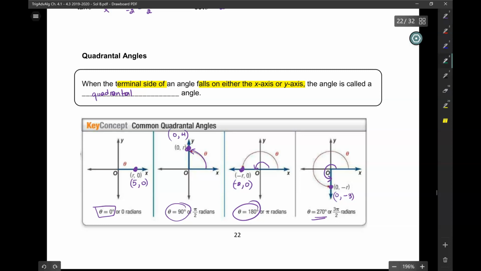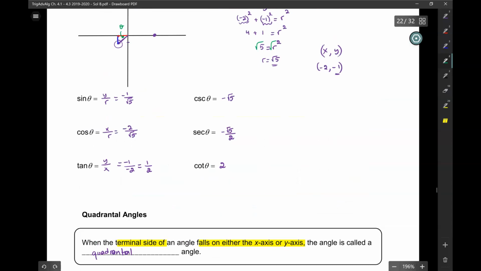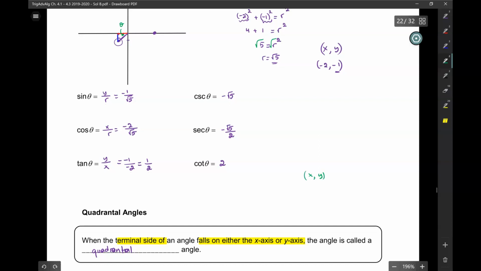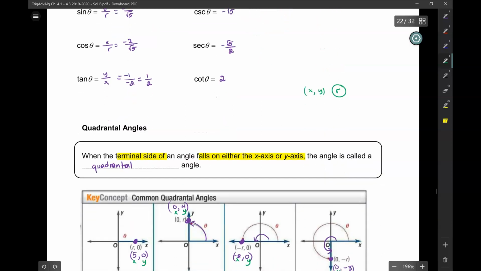In each of these, I still have an x and a y. When I was doing these calculations, I needed an x, a y, and an r. And what was the r? That was how far it is from the origin to my point.